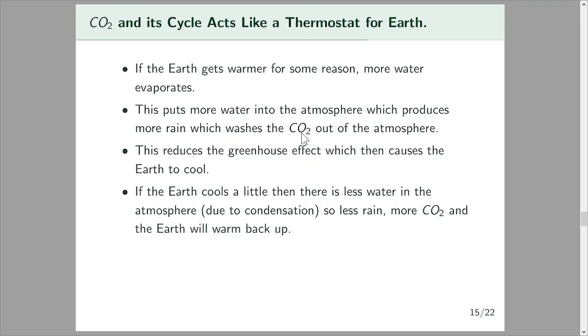If the Earth gets too cool, there's less water in the air. Water condenses out of the air. That would produce more CO2 in the air because it's not getting washed out, and the Earth will warm back up. And so the CO2 cycle kind of acts to help regulate the surface temperature of the Earth.